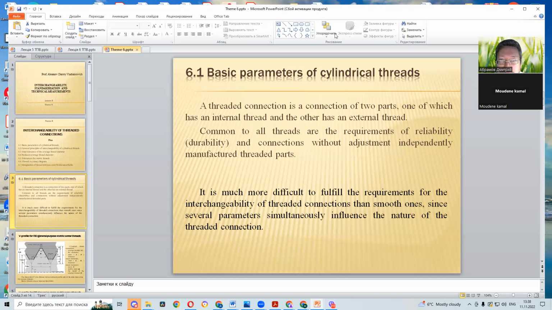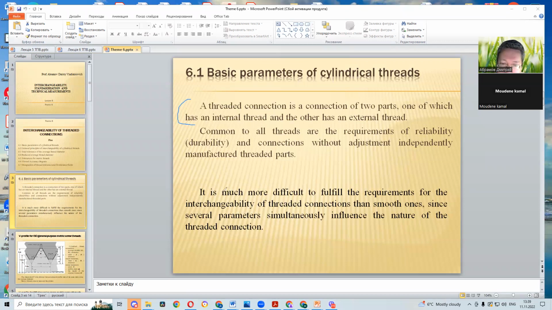Please write down to your notes. Common to all threads are the requirements of reliability and connection without adjustment of independently manufactured thread parts.